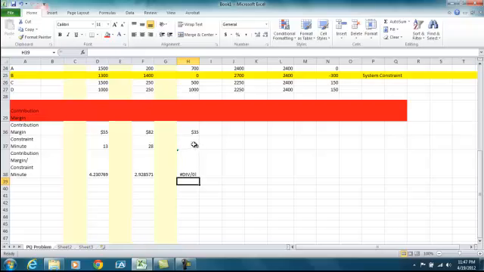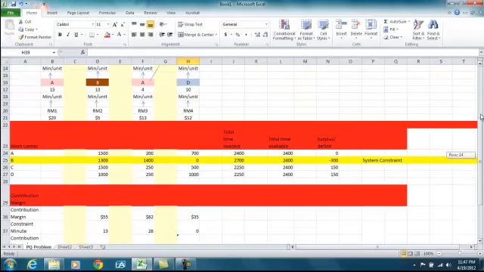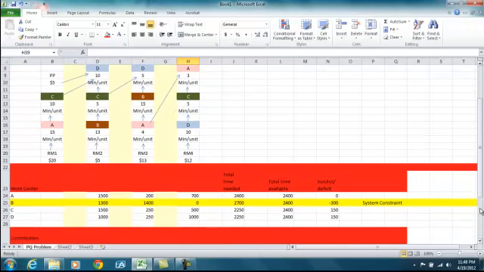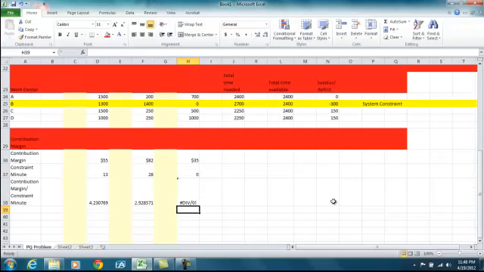There's no time at the constraint required to make a product omega. None. So that's called a free good. It does not take constraint time. So in a situation where we have an internal constraint, that product is not going to require us to use time at the constraint.